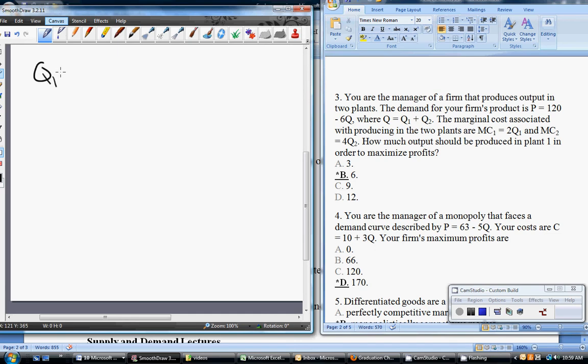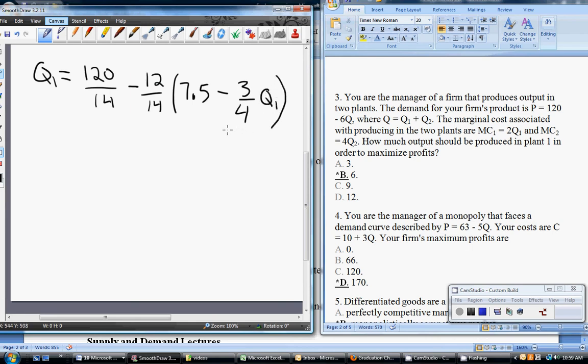Plant 1's output then will equal 120 divided by 14 minus 12 divided by 14 times 7.5 minus 3/4 the output of plant 1.